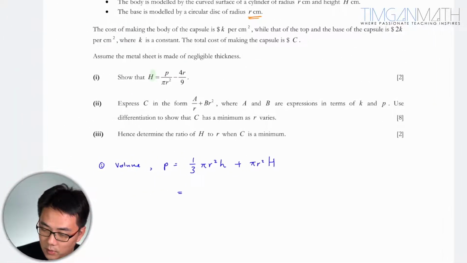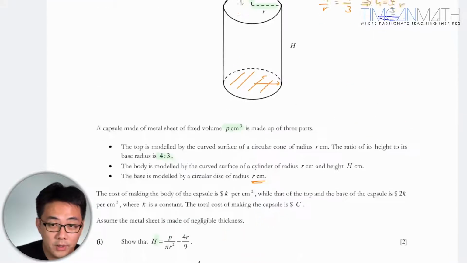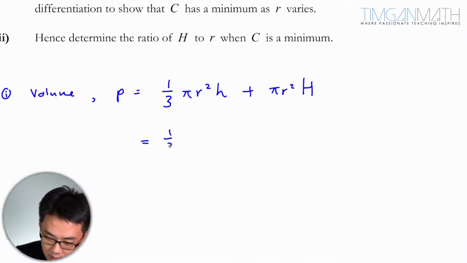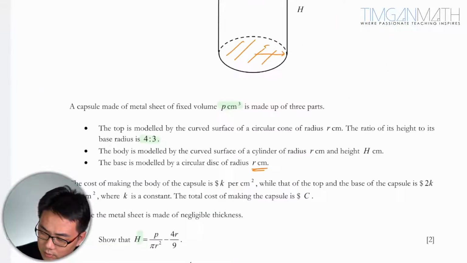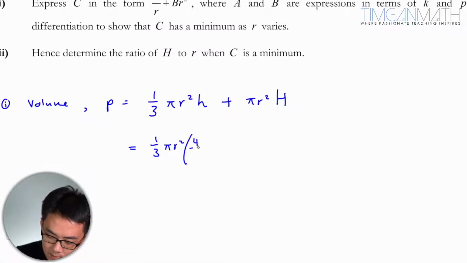We know that the small h is 4/3 r. So this is 1/3 pi r square times 4/3 r, then plus pi r square H, and this will be P.